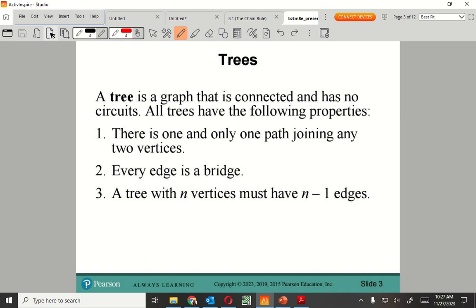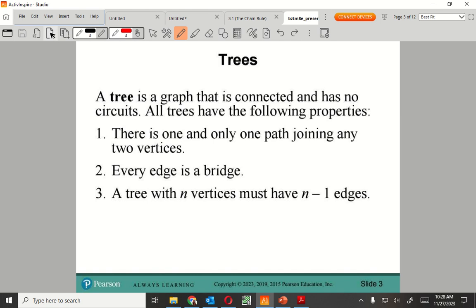All right, so all trees have the following properties. There is one and only one path joining any two vertices. That means there is one path from Hobby's house over to Lucky's house. That's it. Only one path, no matter how you go. Every edge is a bridge, so connecting in between those, I can only take them one time.